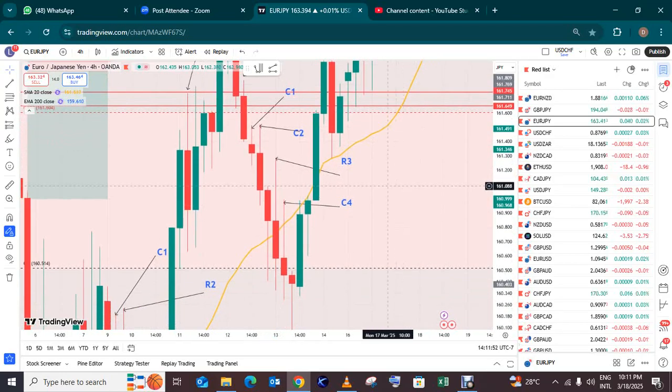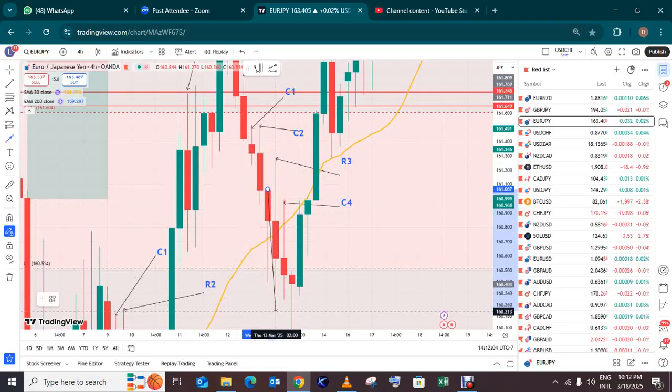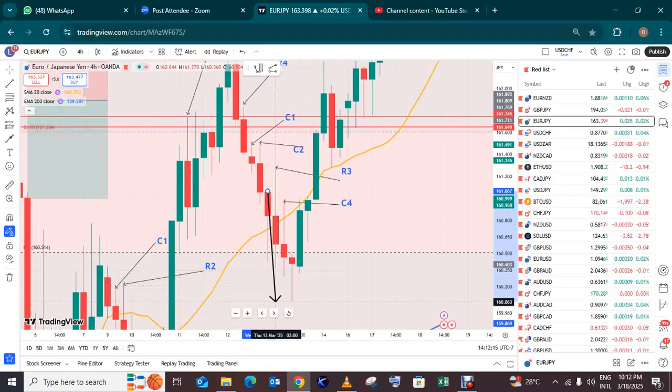So here we'll take an entry from this level, from here down to the end, from this level down to the downside.